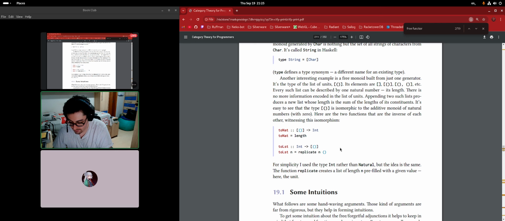Wait, you said that a dependently typed language... Yeah, because it's easier to prove things in terms of Peano numbers, right? A Peano number is, if you think about it, basically a linked list without the element. No, but there is an element.